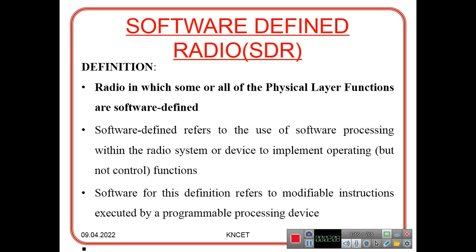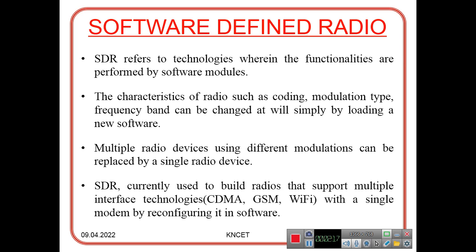The software, for this definition, refers to modifiable instructions executed by a programmable processing device. Software defined radio, that is the SDR, refers to technologies wherein the functionalities are performed by software modules. The characteristics of the radio, such as coding, modulation type, and frequency band, can be changed at will simply by loading new software.